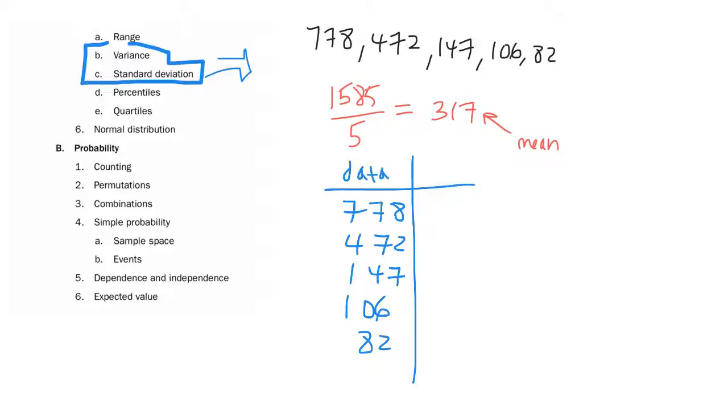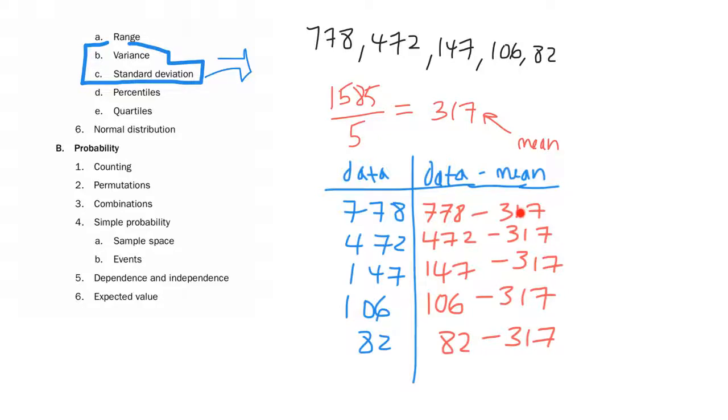And then you figure out what the quote-unquote deviation is, and that's going to be the data minus the mean. And that would be 778 minus 317, and so on. So I'm going to fill this out right now.